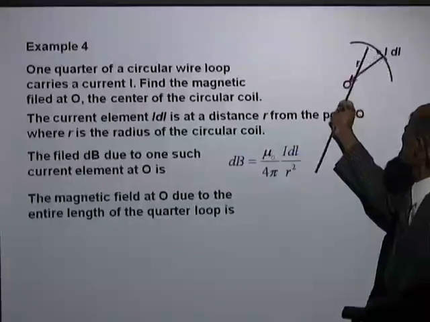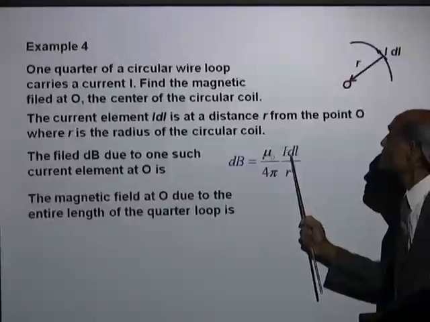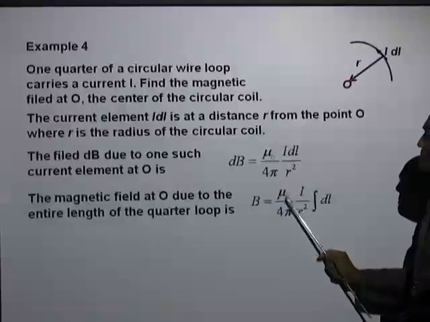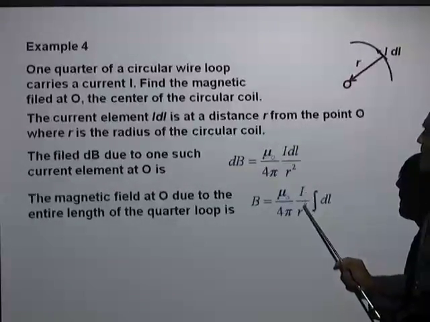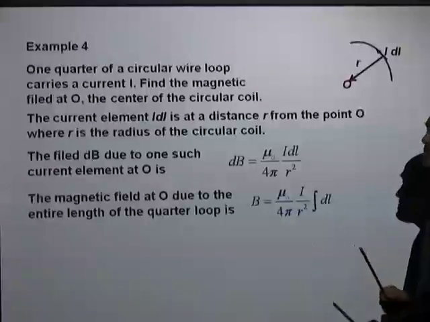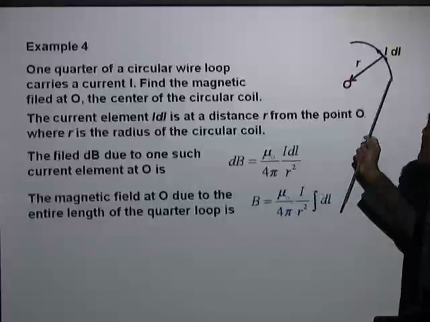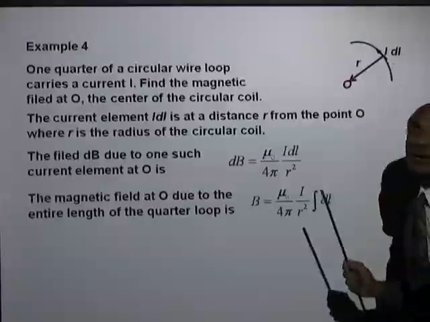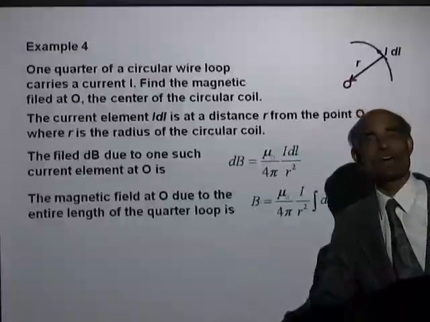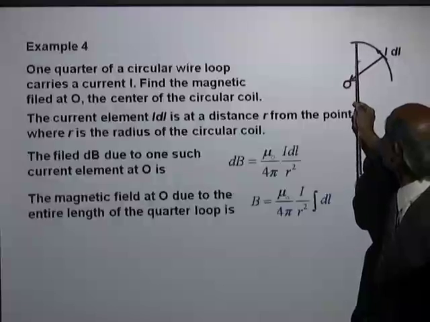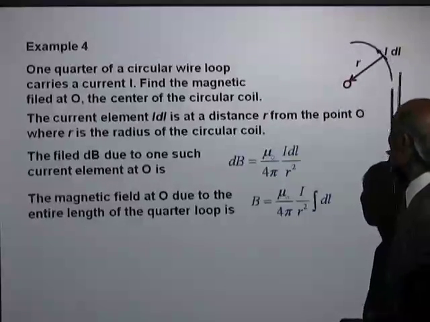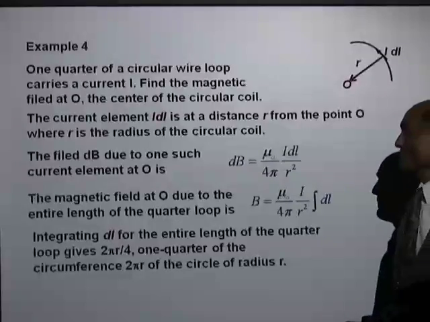Now the magnetic field at O due to the entire length will be obtained by integrating dB for the entire length, in other words integrating dL. So that will be mu 0 over 4 pi, I over R squared, integral of dL. Integrating dL here gives one quarter of 2 pi r, because the whole would be a circle and this is only a quarter of the circle.